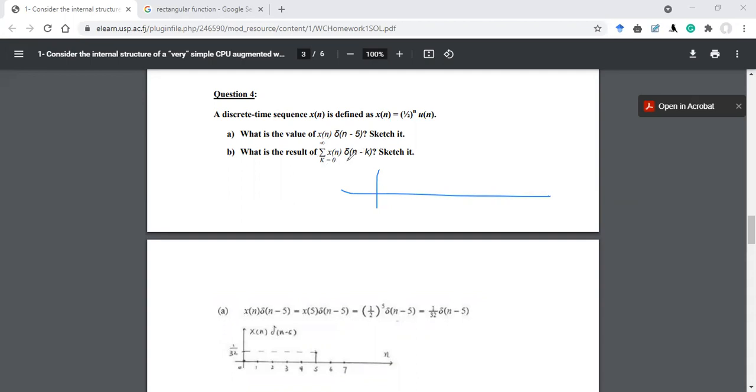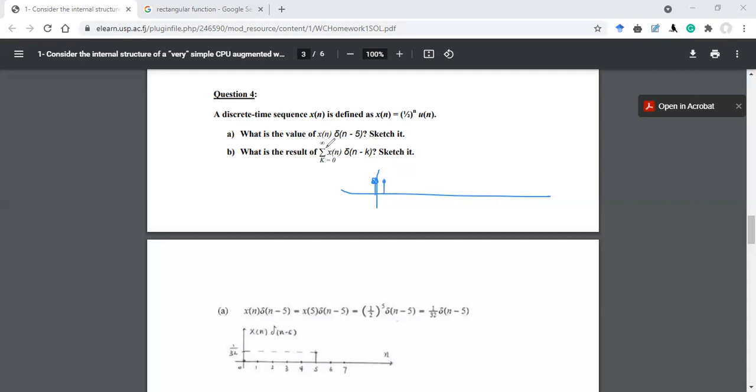So if we start to plot this, the summation of delta of n minus k from 0 till infinity, when k is equal to 0, you have a delta n, that is basically a function at n is equal to 0, isn't it? And then when k is equal to 1, this delta function shifts by 1.